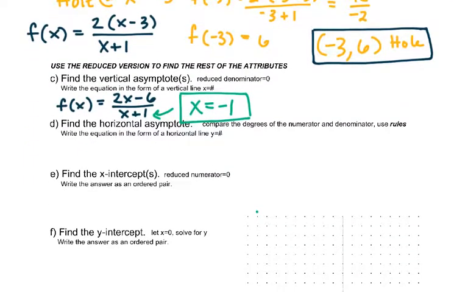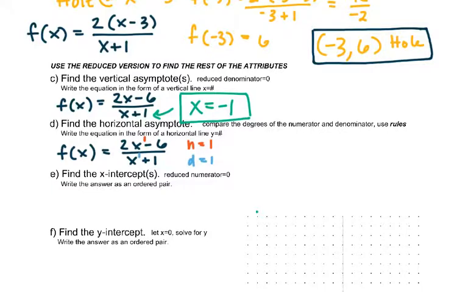for the horizontal asymptote, we use our comparison test. In our second video in this unit, we talked a lot about that. But this is the same as 2x minus 6 over x plus 1. And what we notice is the degree of the numerator, it's linear. We've got a little invisible 1 there. And the degree of the denominator is also linear.